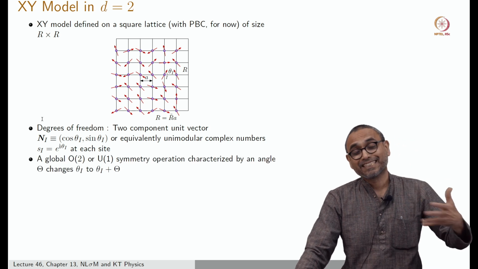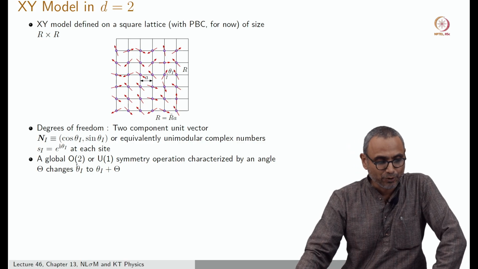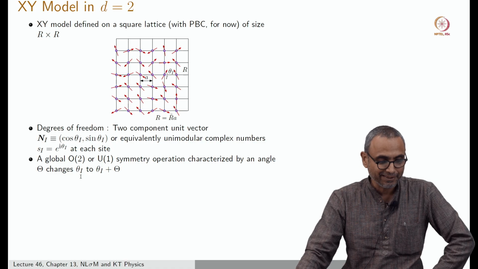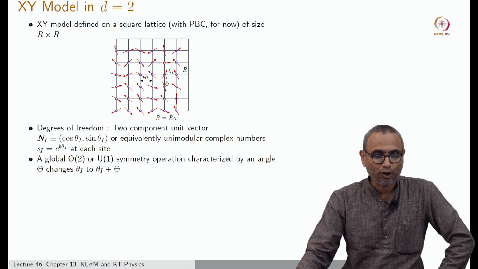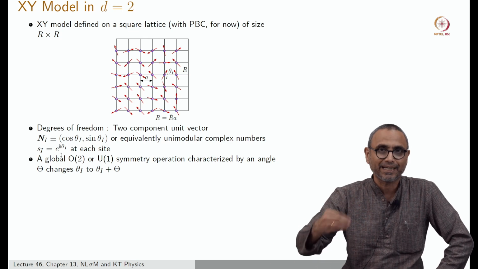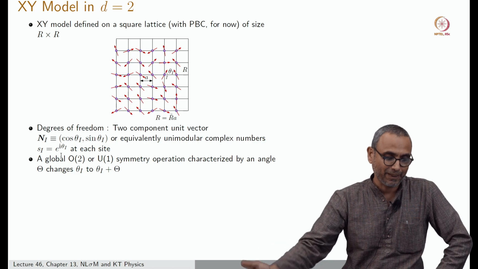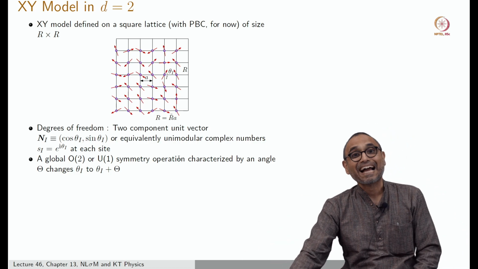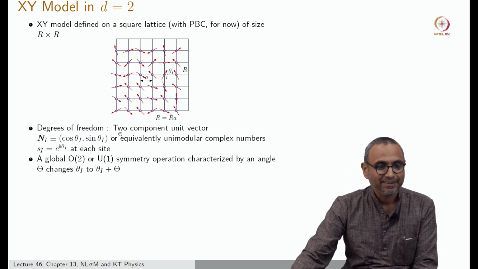So how does the symmetry act on this? If you do an O(2) rotation, you have to give me some angle theta associated with the O(2) rotation, and what that will do, it will change all these theta i's to theta i plus theta, and then you take this and stick it back into this vector or this complex number, and you will get a new vector or a new complex number. So this is how the O(2) symmetry acts on my degrees of freedom.